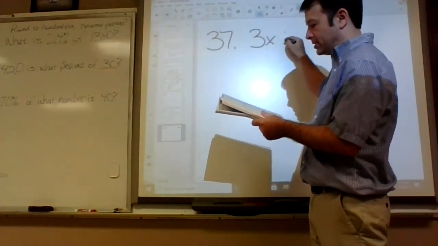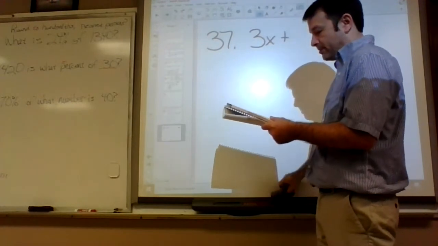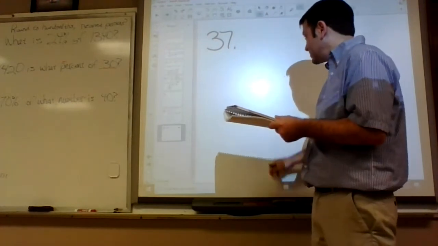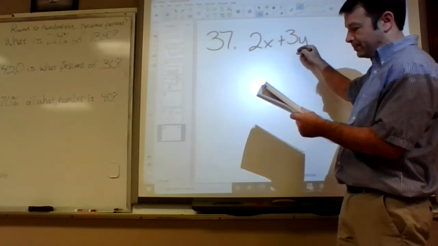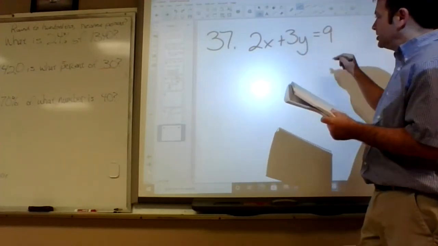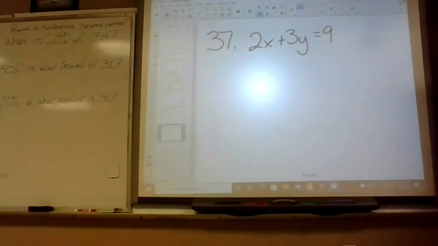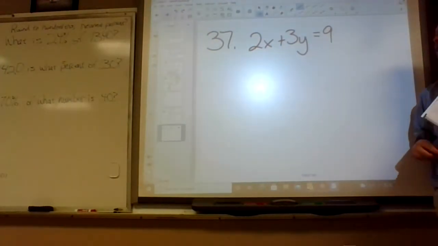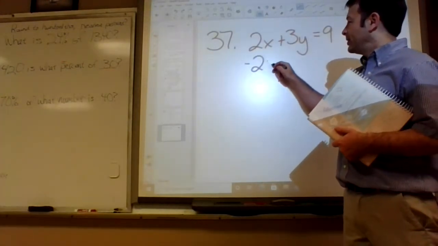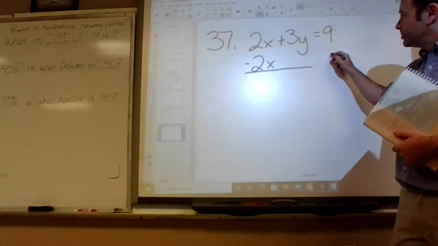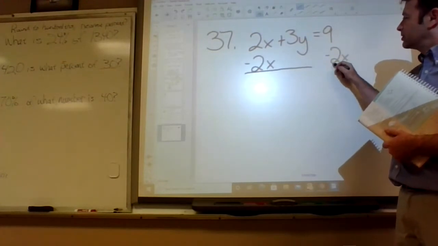So we need to change it to slope-intercept form so we can use the slope and the y-intercept. How do I change it? I'm trying to get y by itself. I'm going to subtract the 2x over.